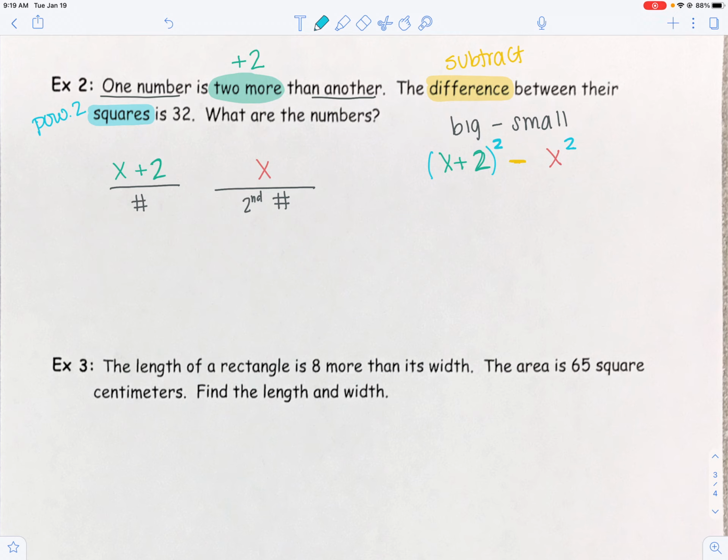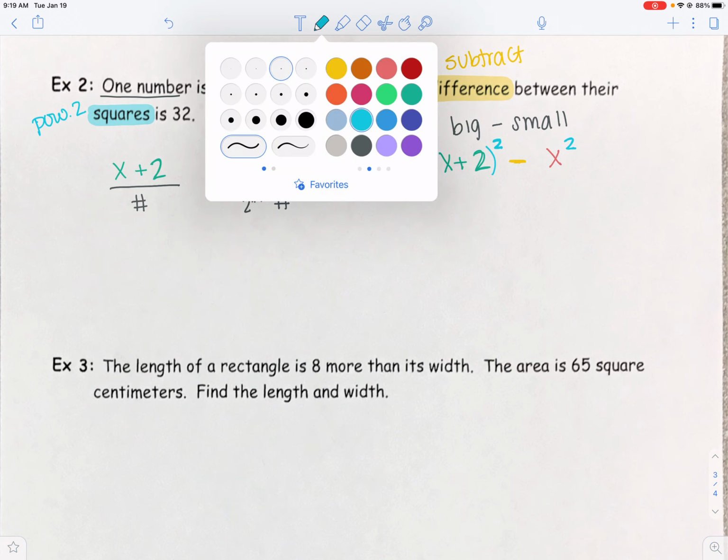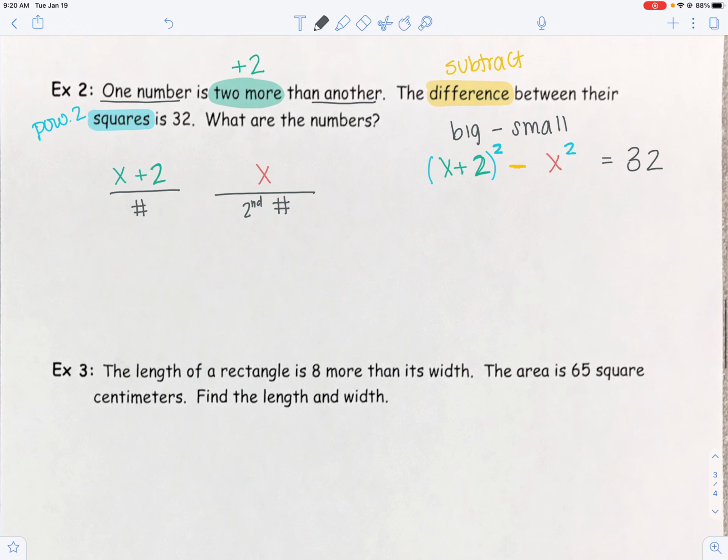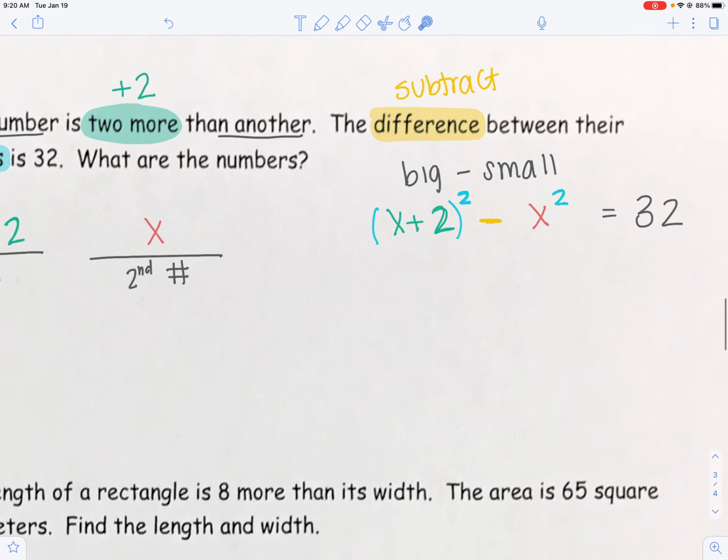And of course, is means equals 32. This one is a little tricky because you may think, I'll just distribute the squared. Can't distribute. Anytime you have something like x plus 2 squared, I have to work off to the side and actually FOIL that thing.